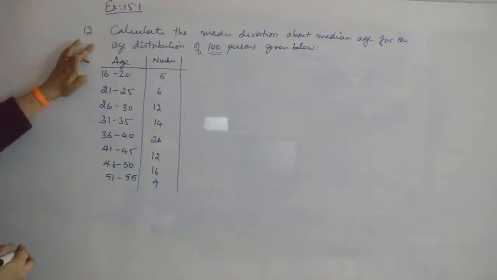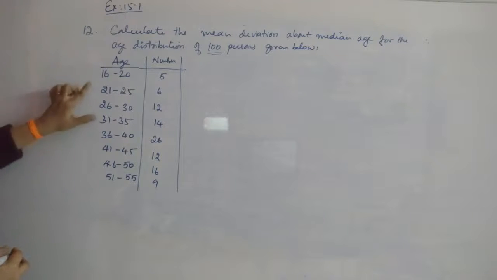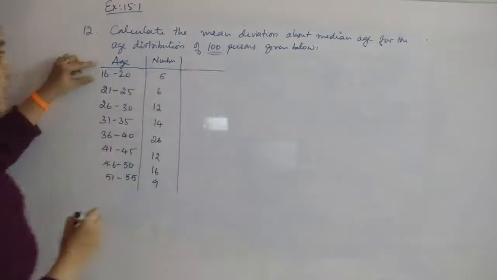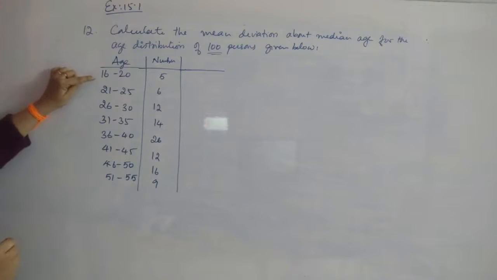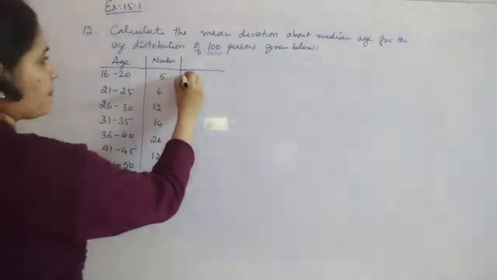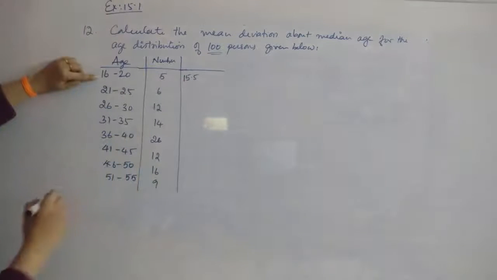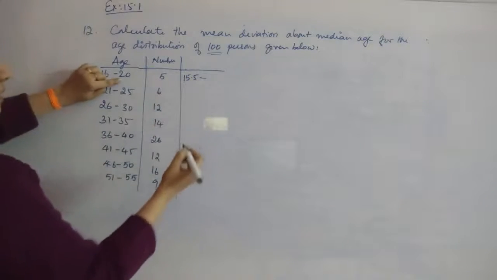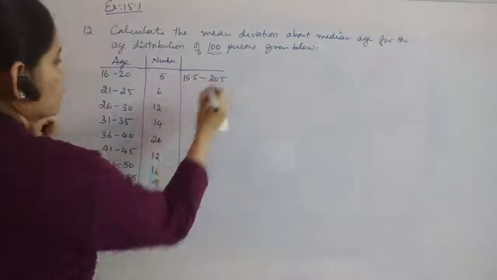We have to calculate the mean deviation about the mean, but the data given here is not continuous, so one extra process is needed: you have to make it continuous. For that, from the lower limit you subtract 0.5 and to the upper limit you add 0.5. So 16 minus 0.5 gives 15.5, and this becomes 20.5.